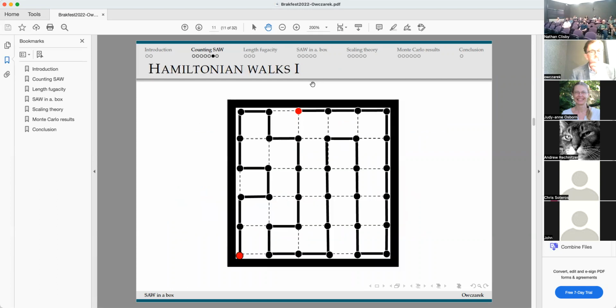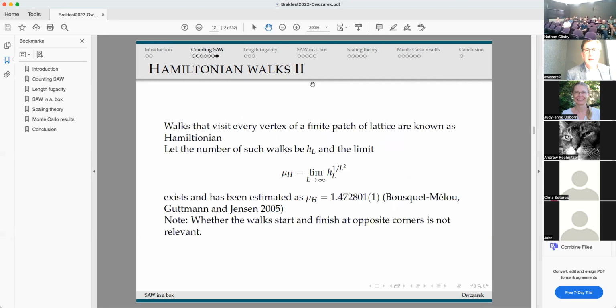Okay, Hamiltonian walks. Here's a Hamiltonian walk, and you don't really need to worry about whether the walks cross the square or not. If you visit every vertex of a finite patch of lattice, it's known as Hamiltonian. Again, the number of such walks has a growth constant, which you need to scale as 1 on L squared, because all your walks are effectively of size L squared.